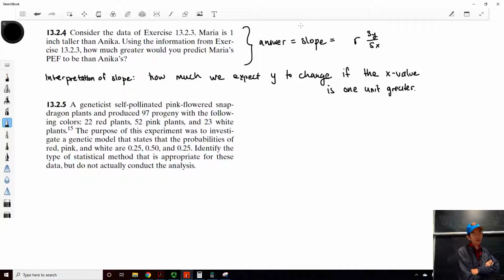I think this is the example I'm always using for this type of problem. We end up with 22 red plants, 52 pink ones, and 23 white plants. We want to know if this fits the genetic model, which says we should get 25% red, 50% pink, and 25% white. So what's the appropriate test here? The chi-square goodness of fit, right?